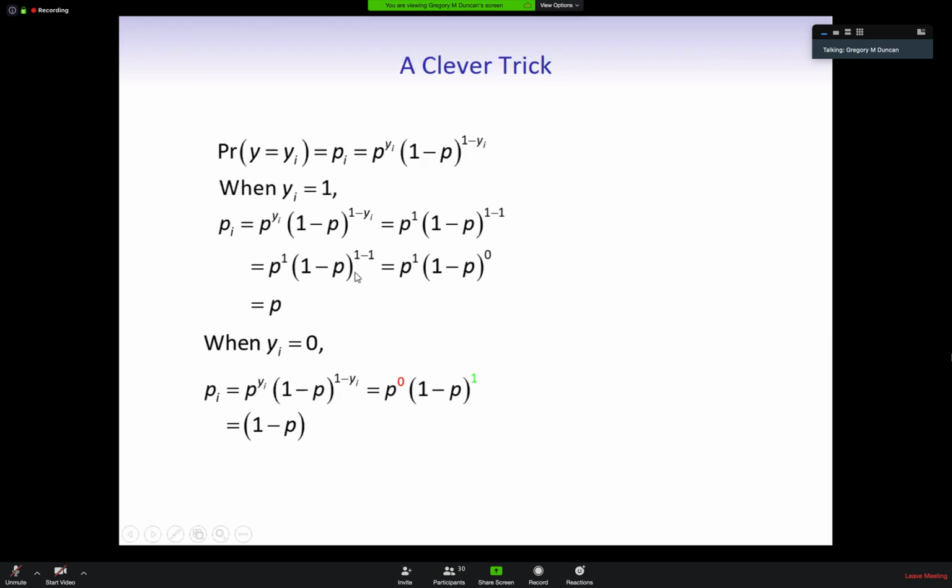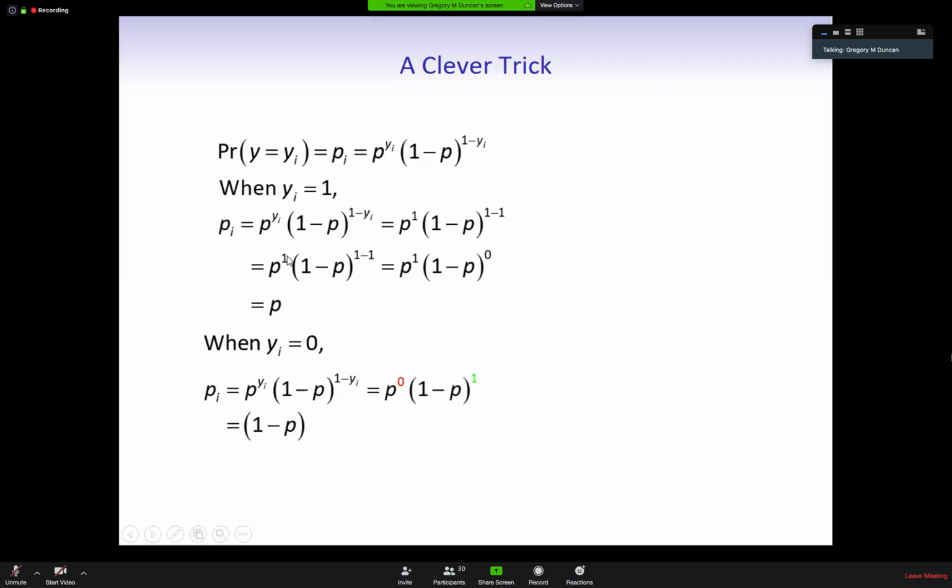So let's go back here. So PI, when YI is equal to 1, PI is P to the YI, 1 minus P to the 1 minus YI. That's equal to P, YI is equal to 1, 1 minus P to the 1 minus 1.